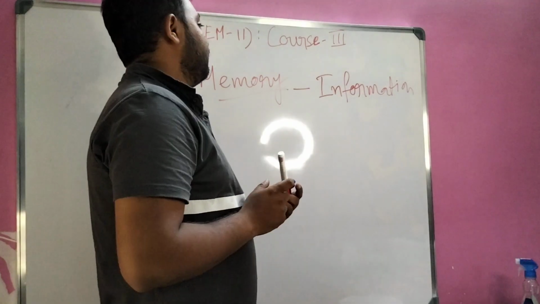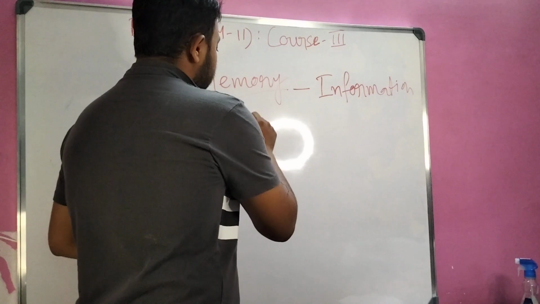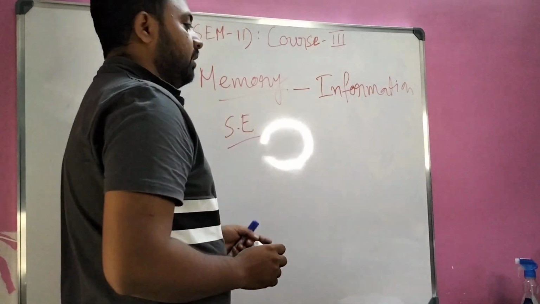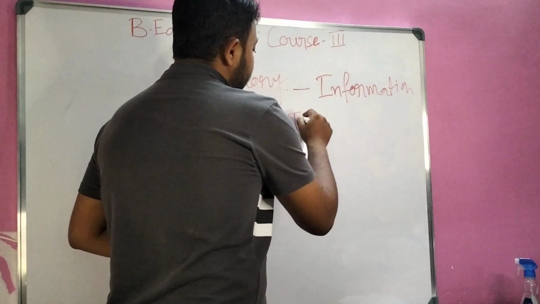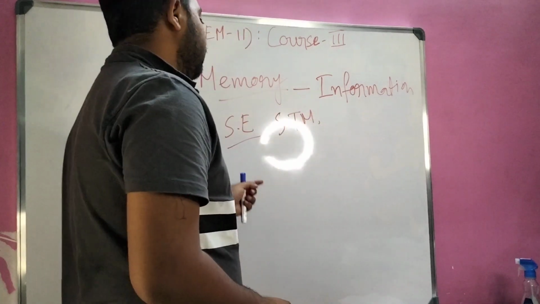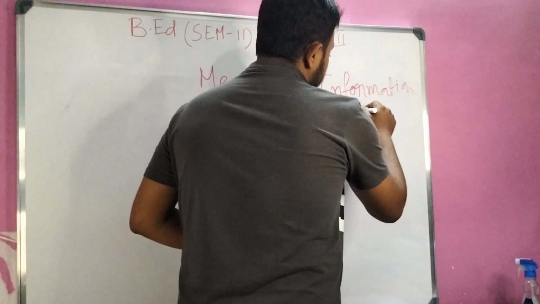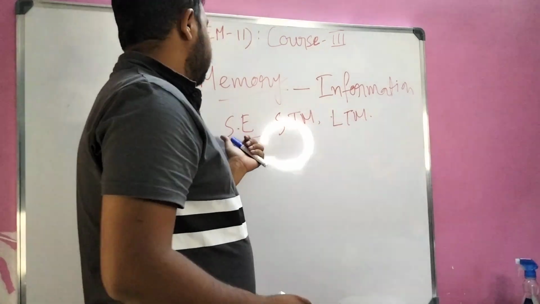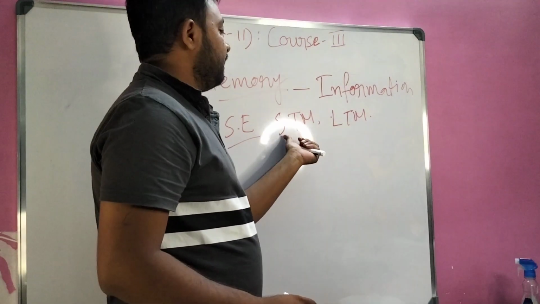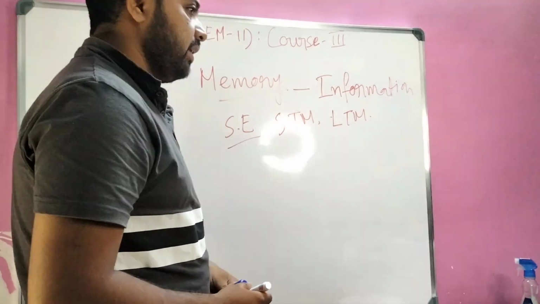So we discussed that memory may be sensory memory, or in short form SM, or memory may be STM, short term memory, and the third type of memory is LTM. We discussed in our previous class what sensory memory, short term memory, and long term memory are.